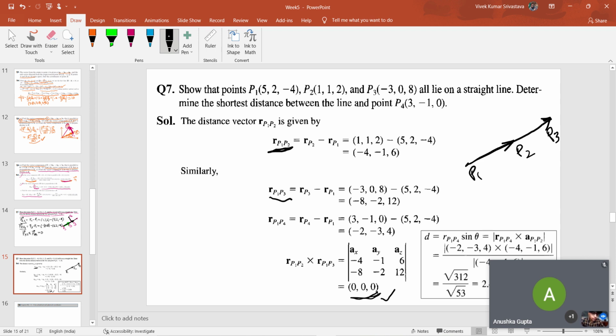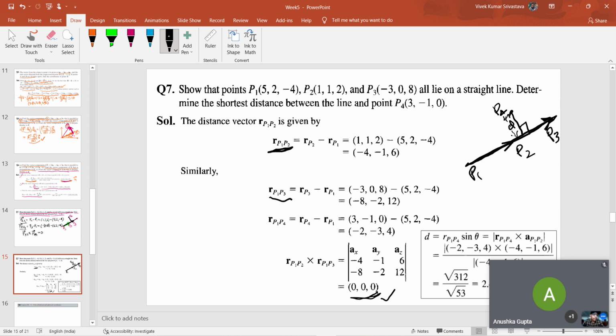Once you find out that these 3 points lie on the straight line, then for finding out the shortest distance, which is the perpendicular distance of this point from this line, this represents the shortest distance, which is equal to d here.